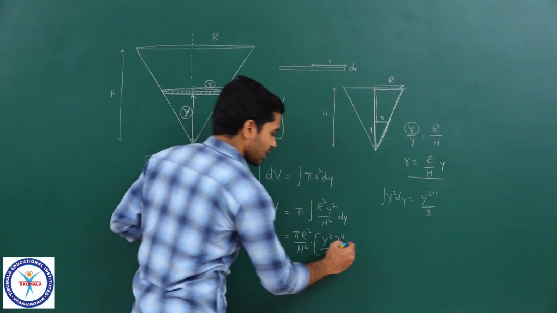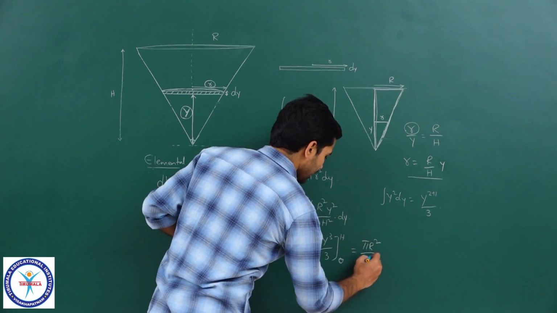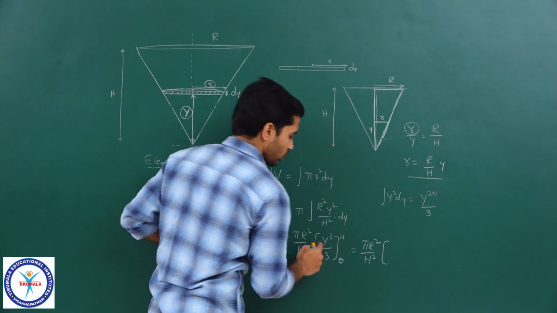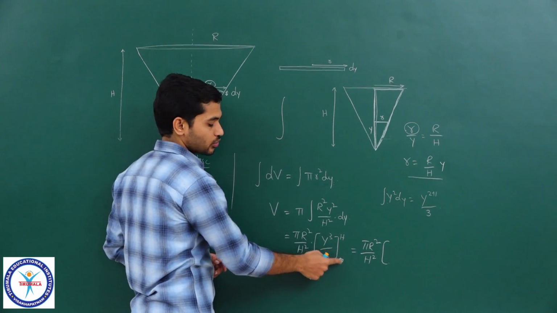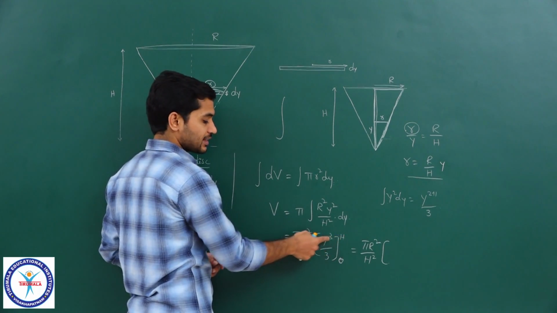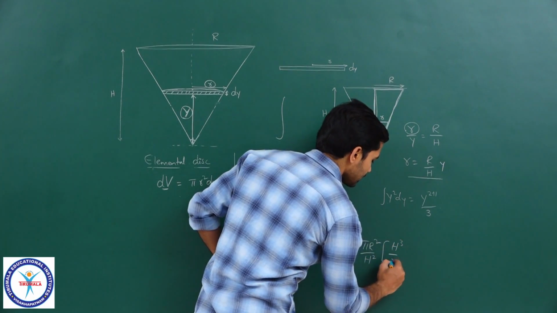Clear students? When I calculate this, I'll get pi R square by H square into, when I substitute h, I get h cube by 3, minus when I substitute 0, it is 0. So I'll just get h cube by 3.